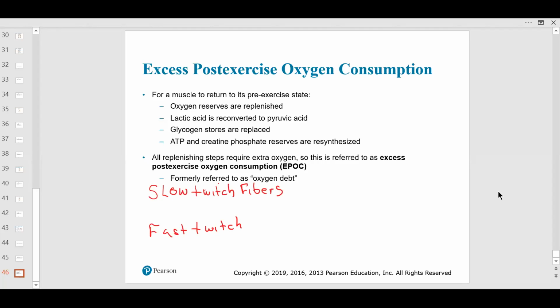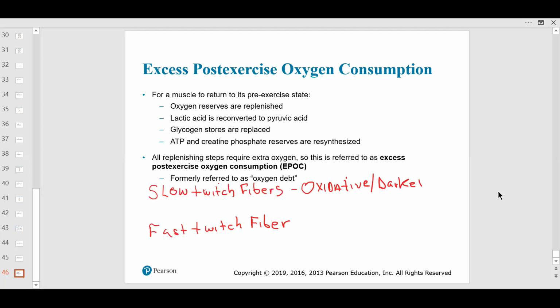Sometimes it's just called fast fibers and slow fibers. So the slow fibers are called oxidative, and they're darker.